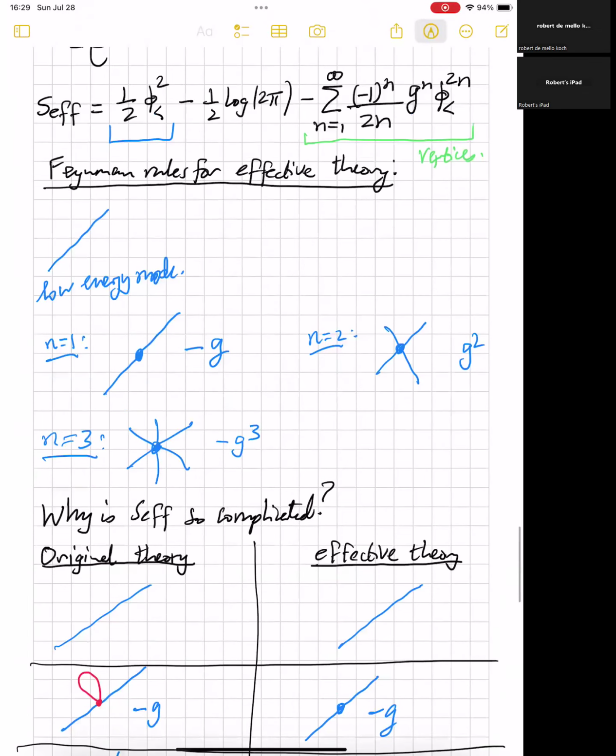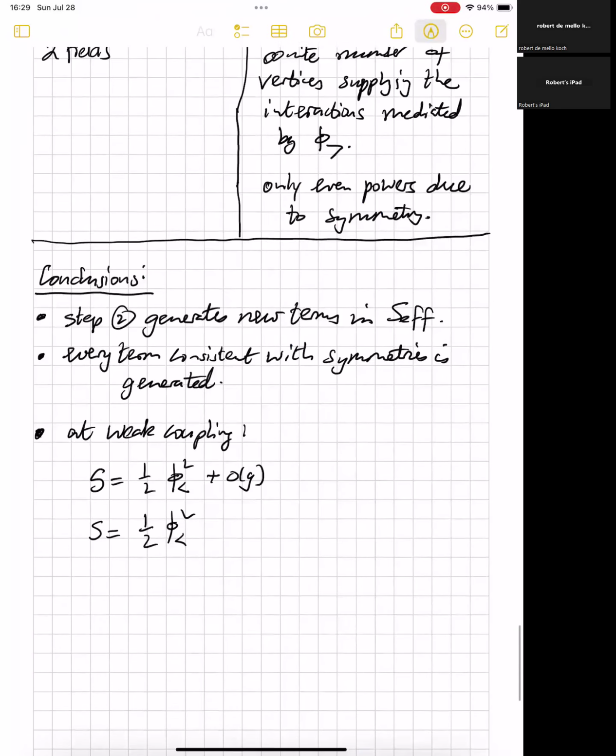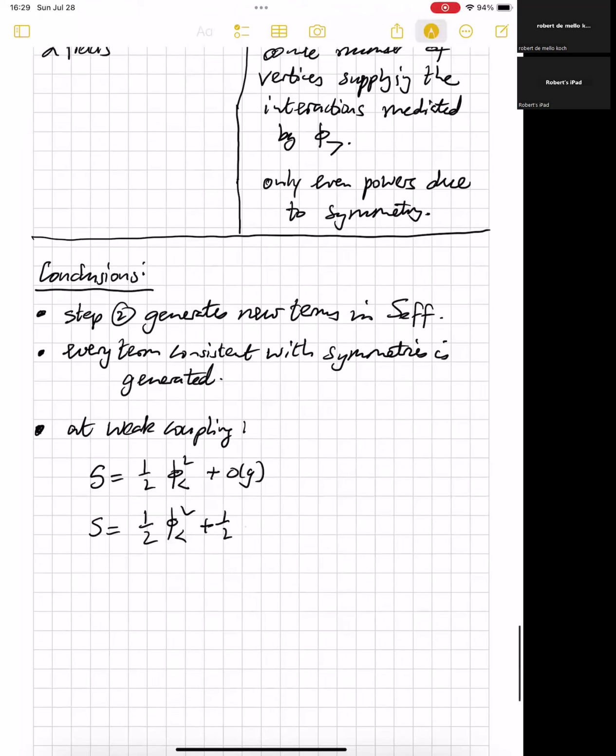So when n was equal to 1, we would get plus 1/2 G phi less than squared, plus order G squared.